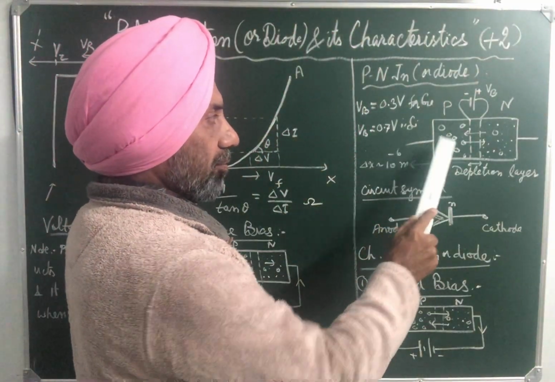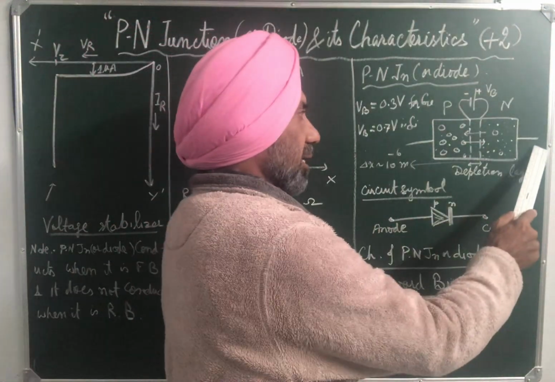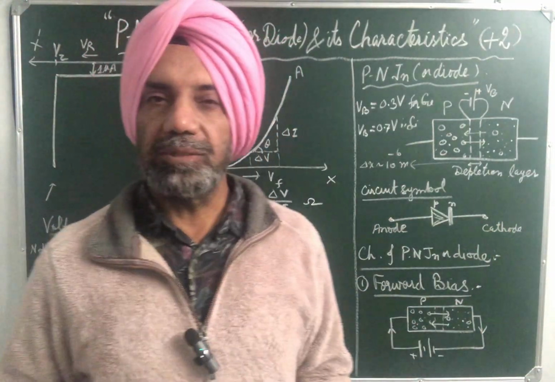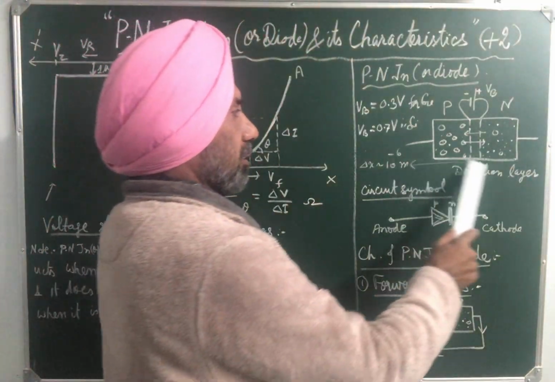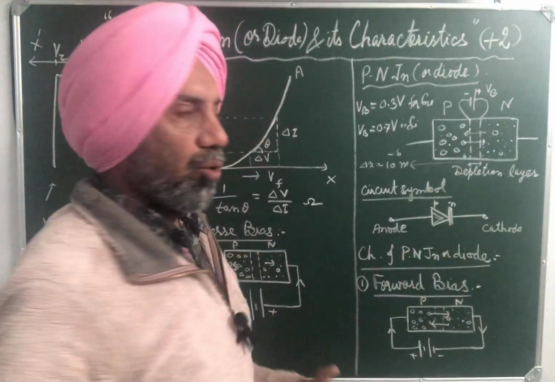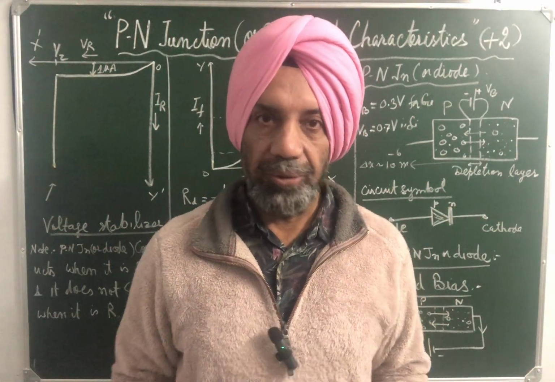When one end of the germanium or silicon is doped with p-type impurity and the other end is doped with n-type impurity during crystal growth, then the device so formed is known as a PN junction or diode.